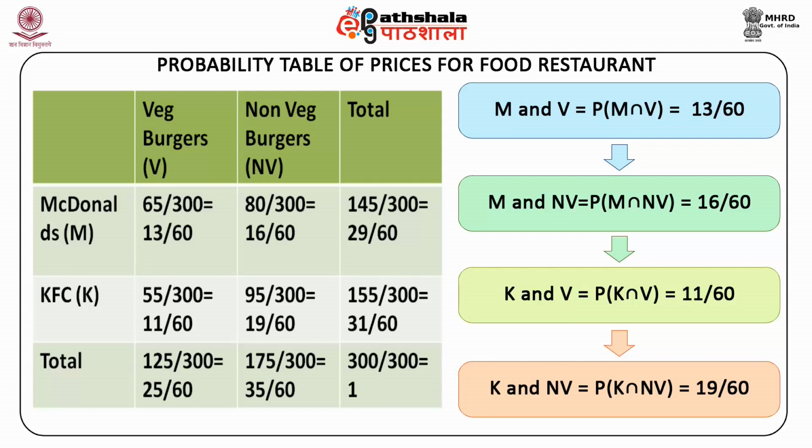To find the conditional probability, we apply the formula probability of A given B, which tells the probability of event A given B has already occurred, that is the joint probability of A and B divided by the probability of B. For example, probability of M given V is equal to probability of M intersection V upon probability of V. Similarly, all conditional probabilities can be found out.